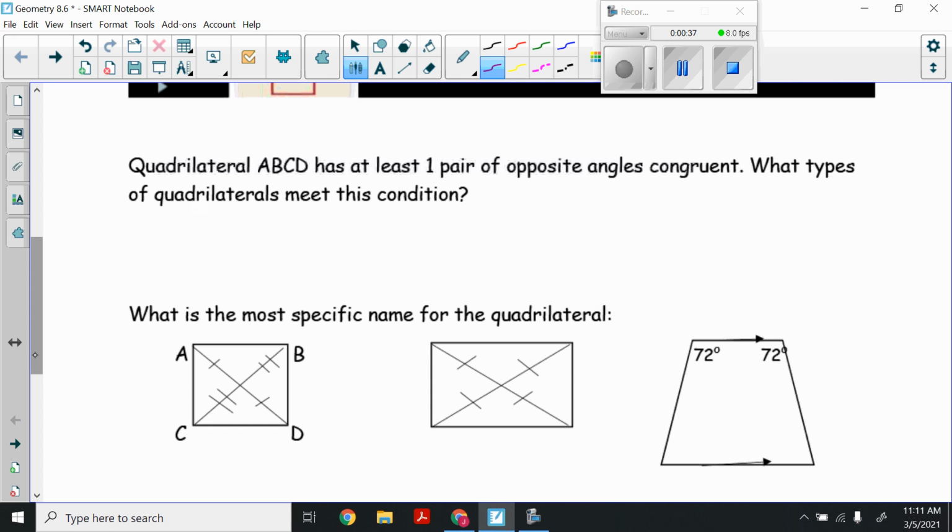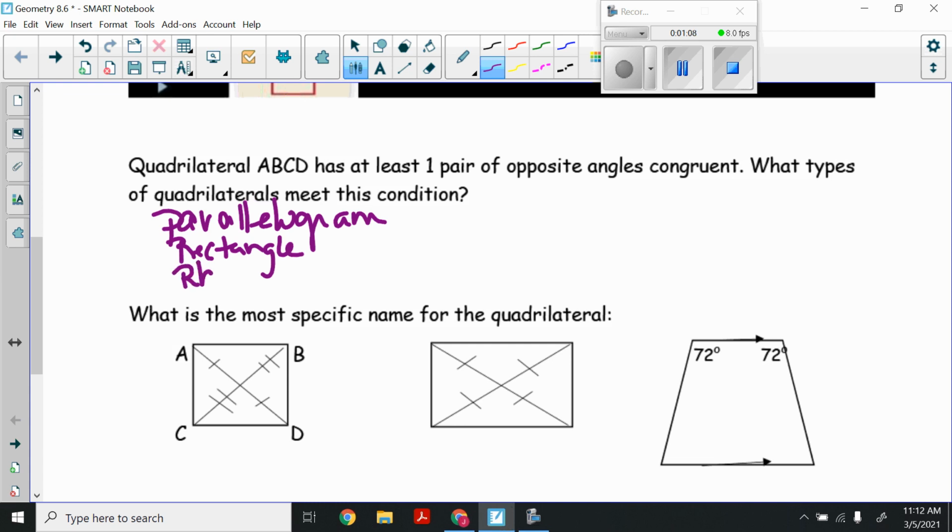So we're going to start out. It says quadrilateral ABCD has at least one pair of opposite angles congruent. What types of quadrilaterals will meet this condition? Well, I know that's a parallelogram, so here we're going to list everything that meets this. Underneath the parallelogram, we know that we have a rectangle that will have one pair of opposite angles congruent.